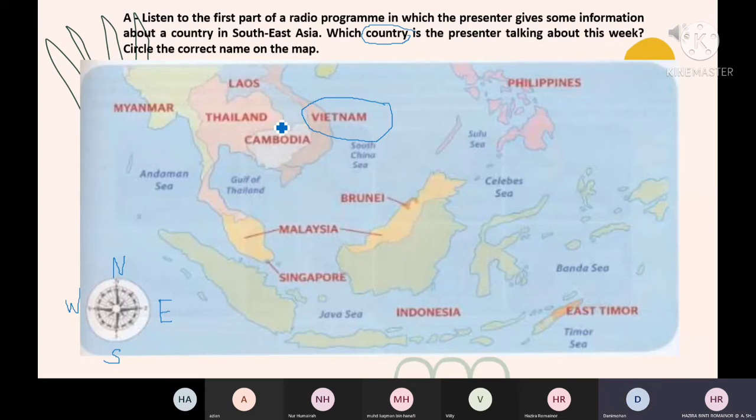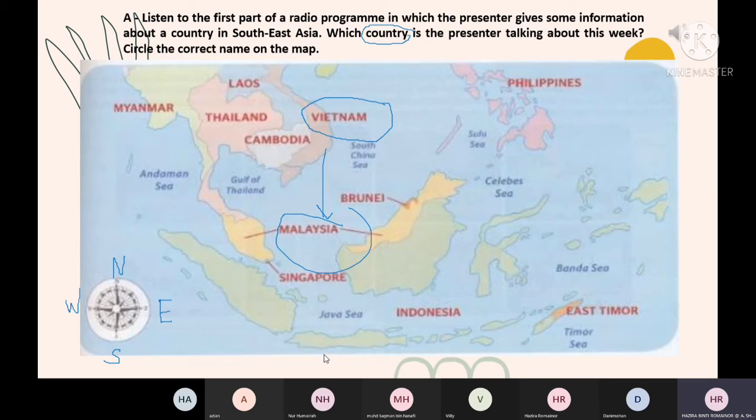About Malaysia. Okay. Because you said it's south of Vietnam, yes, correct. And then west of Thailand, correct. Yes, so the answer is Malaysia. Correct.